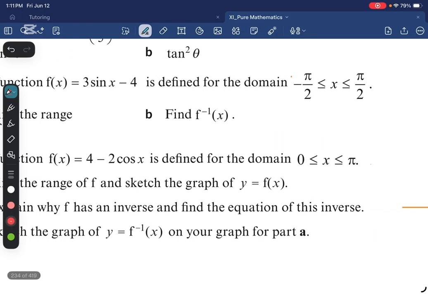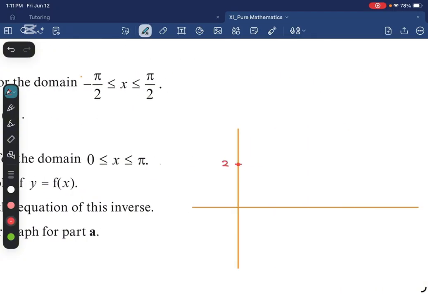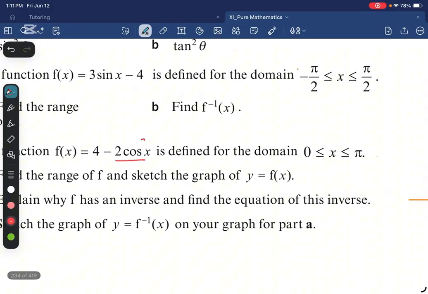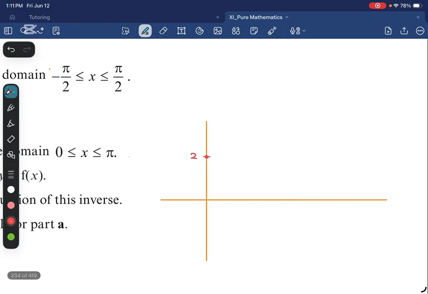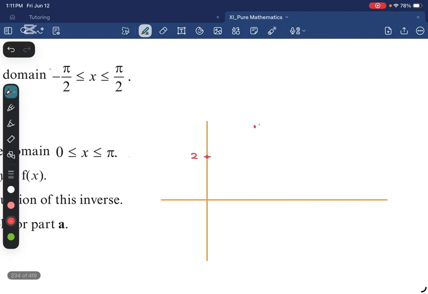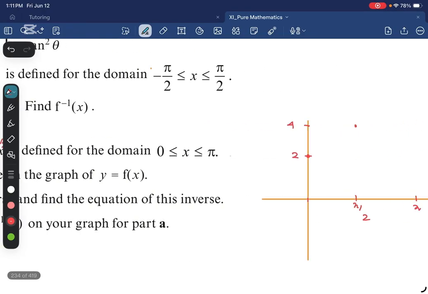If I substitute 0 here, I get 4 minus 2, so I am at 2. If I substitute pi by 2, then I am at 4. And at pi, if I put pi here, I am at 6.